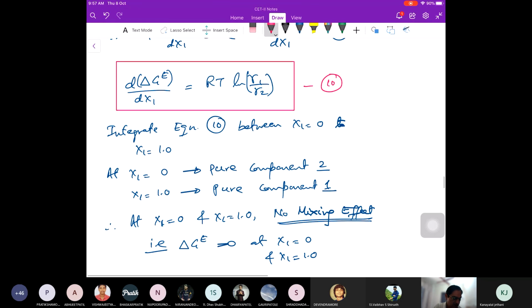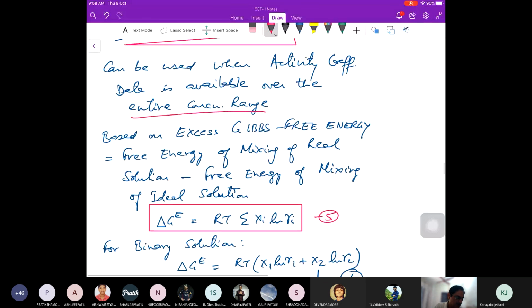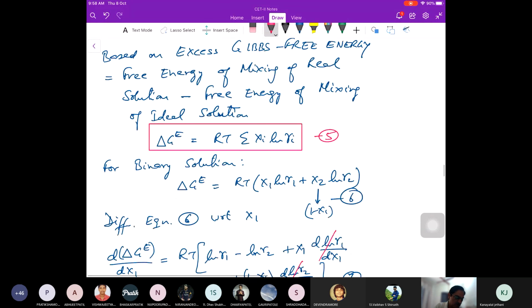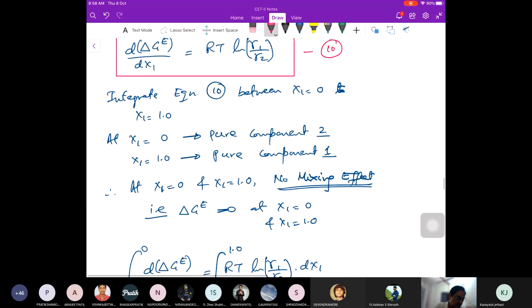That means delta G excess is equal to 0 at x1 equal to 0 and at x1 equal to 1. For pure components there is no excess because it is basically free energy of real solution minus free energy of ideal solution. There is no solution here, pure component is pure component, so delta G is 0.